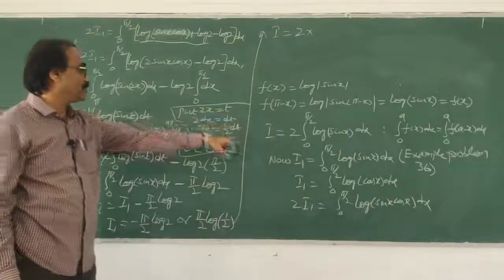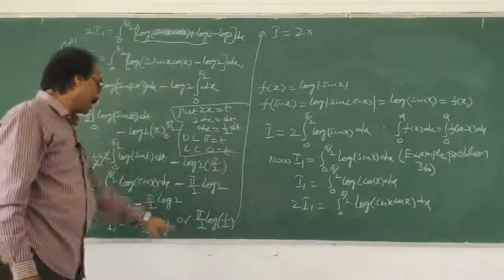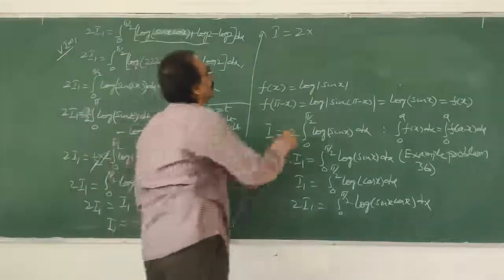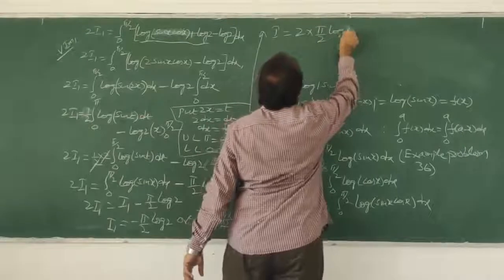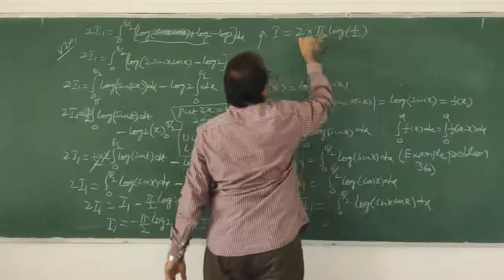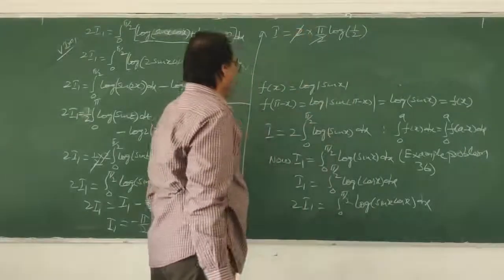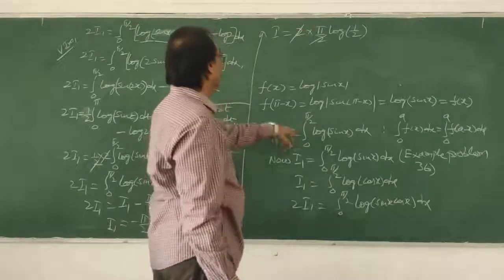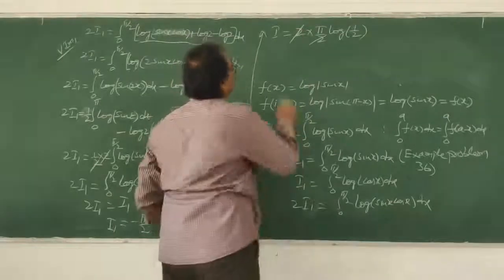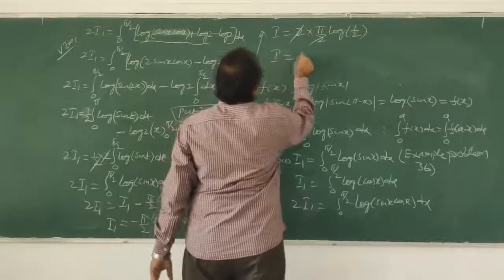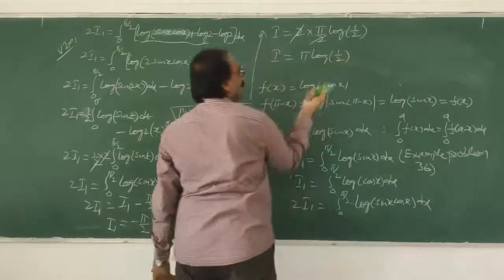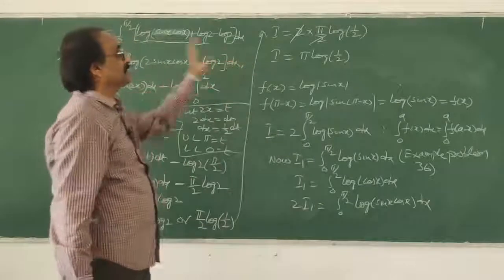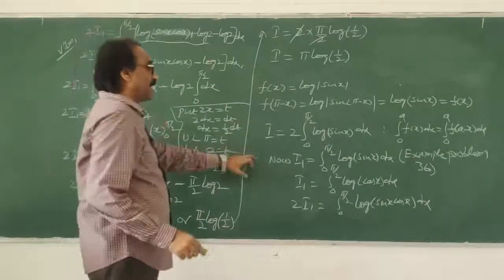That is I1 only, we said. Now you got pi by 2 log half. So this is nothing but pi by 2 log half, and the 2 cancels. So finally, what is your integral answer? I is equal to pi log of 1 by 2. That is the answer.